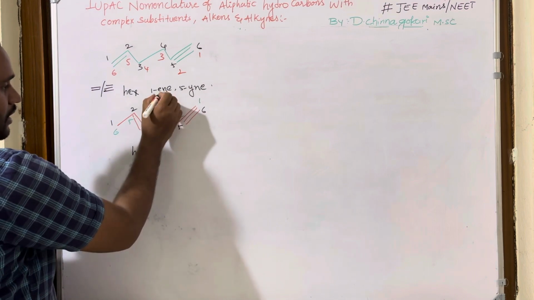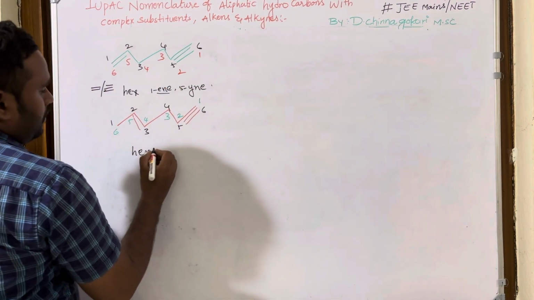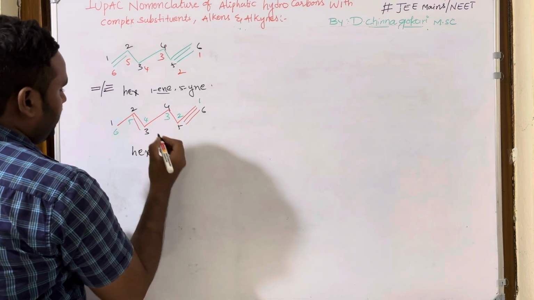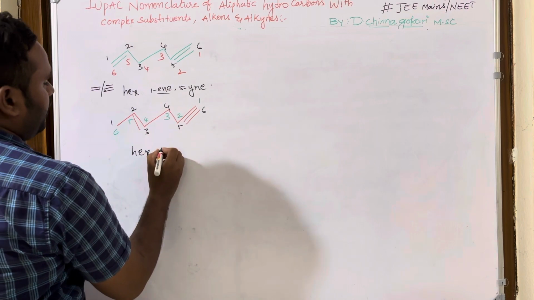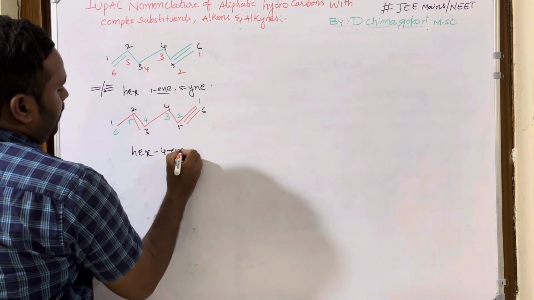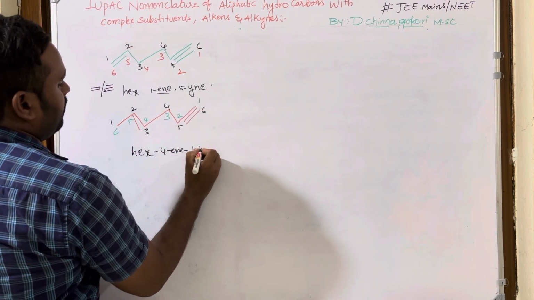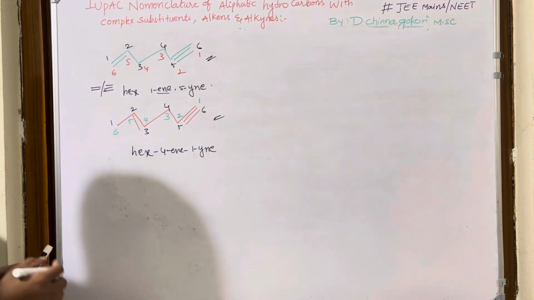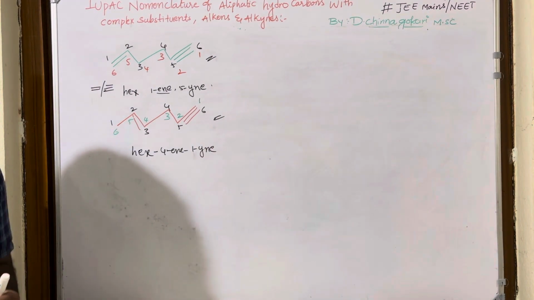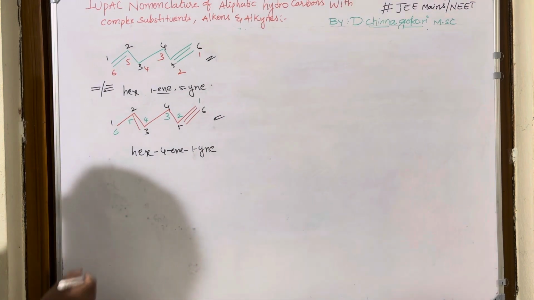Here also when writing the name we write according to alphabetical order. Hex 1 ene 4 yne. So this type of examples are very, very important. And now let us take one more important example.